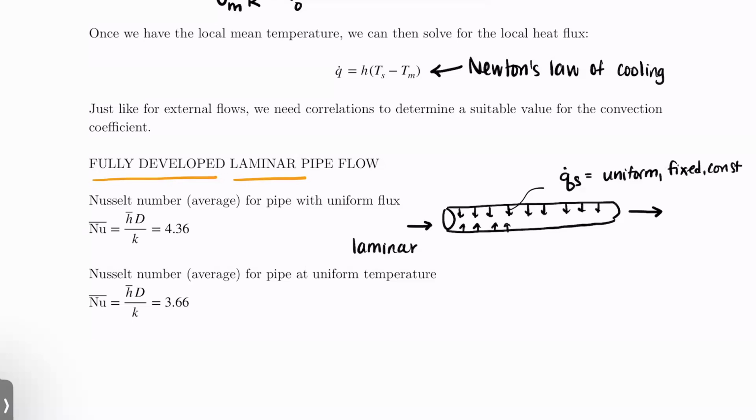I guess I'll draw the arrows everywhere so it visually looks like it's the same everywhere. Okay, so it looks like that. So imagine that you essentially have a pipe wall that's delivering heat at a constant rate to your fluid. Just like how we did before, this equation, we're going to solve for h bar. So we have h bar is equal to k over D times 4.36.